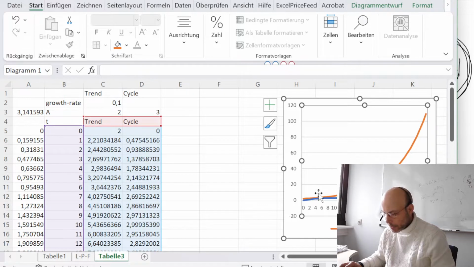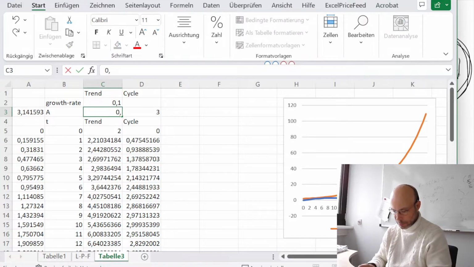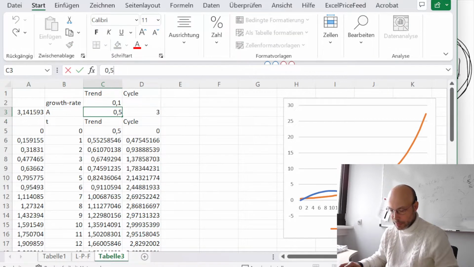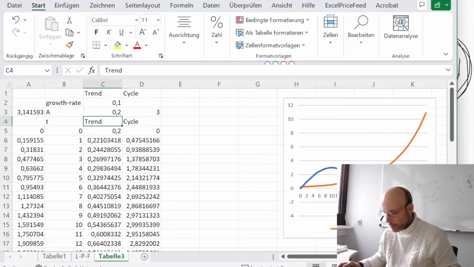And here you see that our trend data is much higher. So in order to have more or less the same magnitude, let's set down this parameter to 1/2. And then you see here that this is more or less our cycle. Let's even damp this to 0.2. And then you have here your trend data, and this would be your cyclical data.